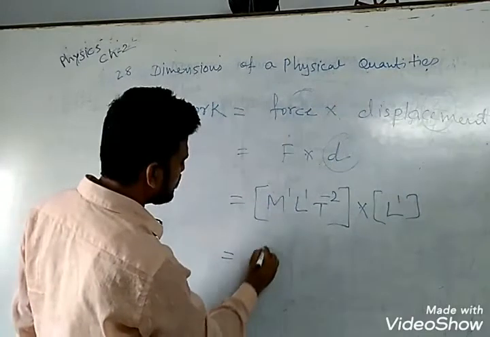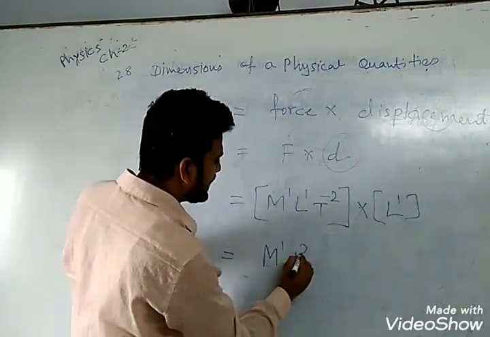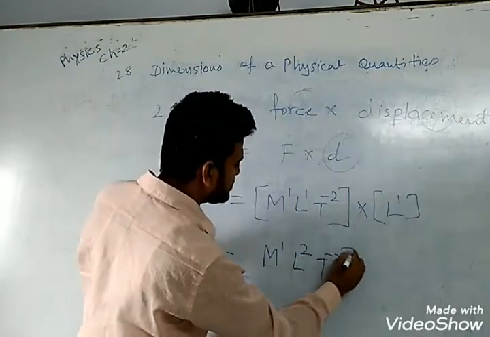So dimensional formula for work is m1 L2 T minus 2.